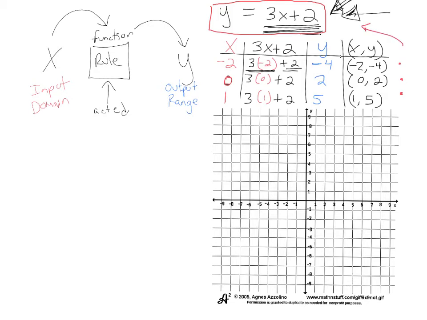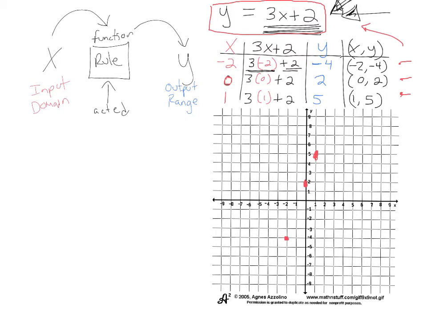We can represent these pairings that are true for the equation by graphing them. So if you have negative 2, negative 4, that's the point right here. If you have the point 0, 2, that's the point right here. And if you have the point 1, 5, that's the point right here. Cool. Oh my goodness, these happen to make a straight line.